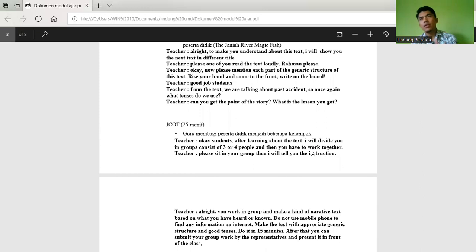And the teacher will instruct the groups to create a kind of narrative text based on what they have heard or known in the previous lesson, or wherever they know about a story.